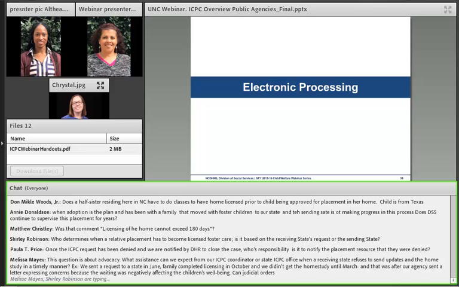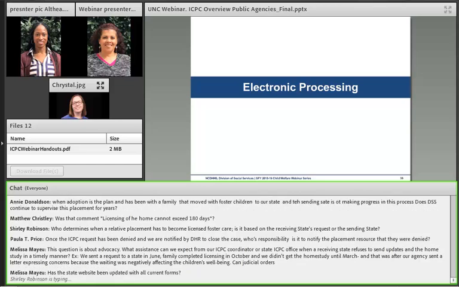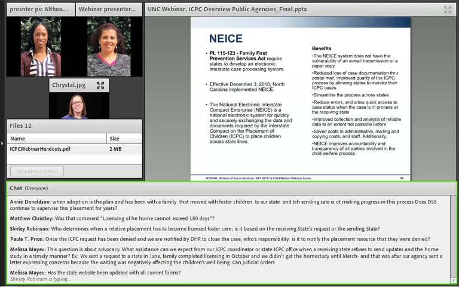Let's talk about electronic processing. This is exciting. Public Law 115-123, which is the Family First Prevention Services Act, required states to develop an electronic interstate case processing system. And that is what we refer to as NEICE, the National Electronic Interstate Compact Enterprise.